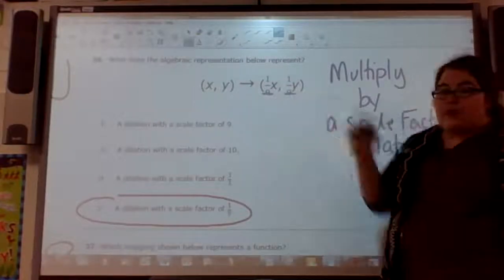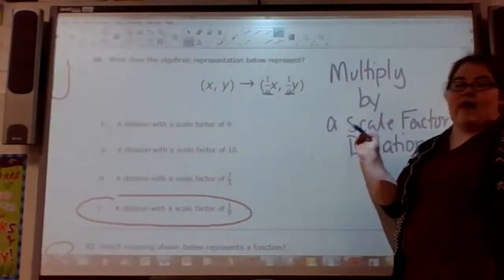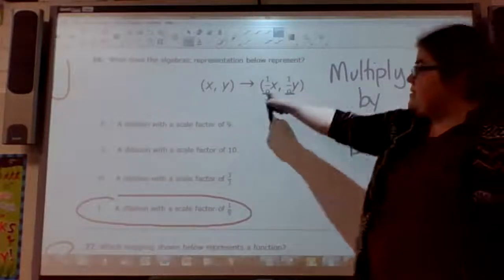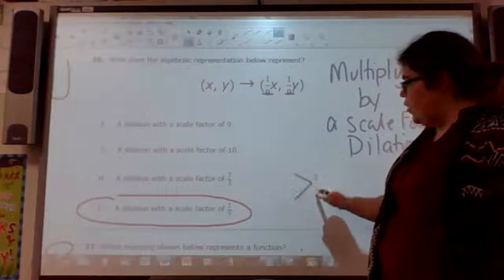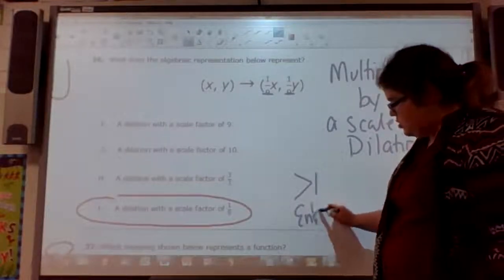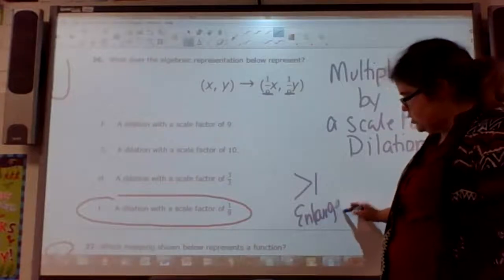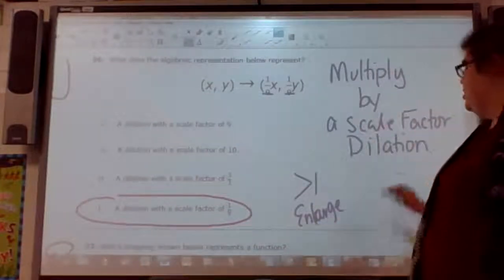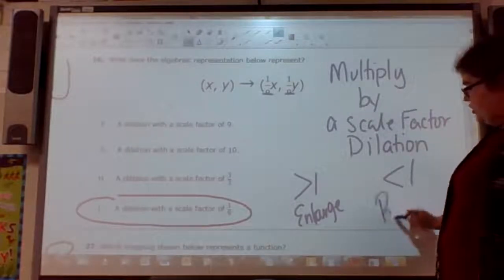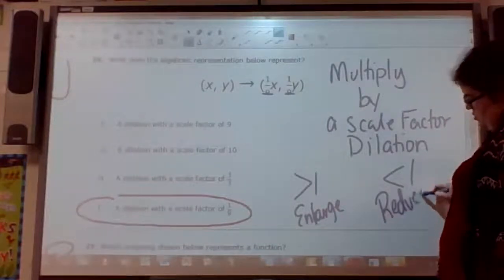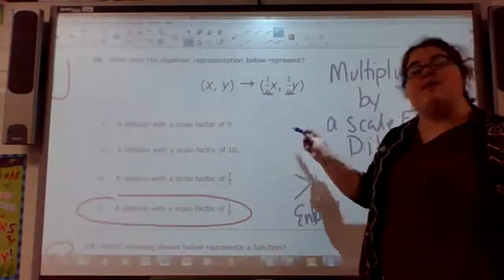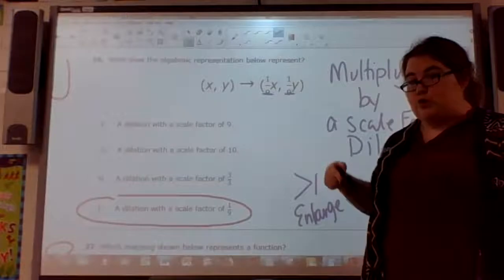And the number you multiply by is the scale factor. Now here's the key. If this number is greater than 1, it is enlarged. That means it got bigger. Greater, big. Less than 1, it is reduced. So 1/9 is less than 1. So that means it is reduced.